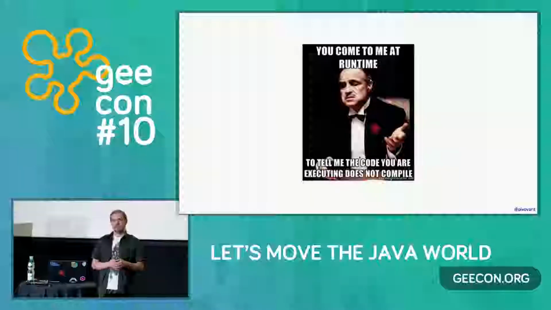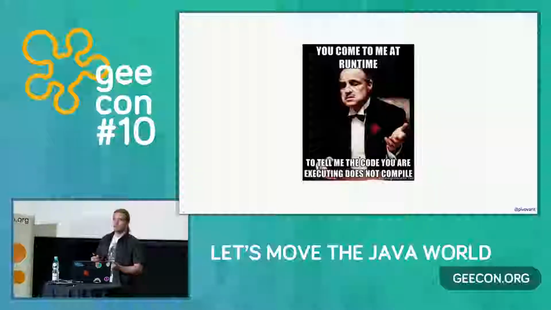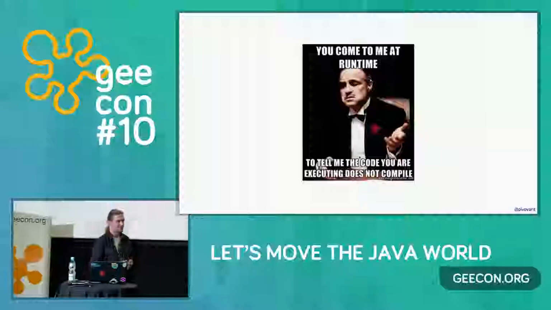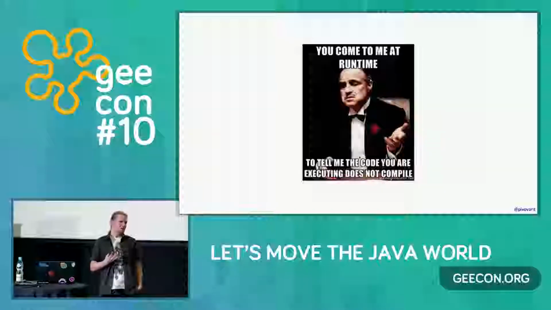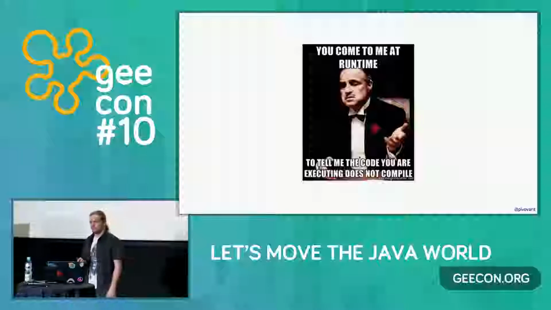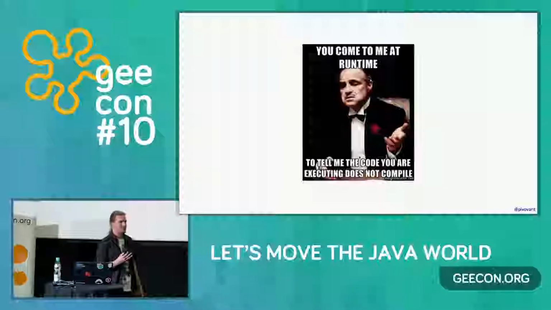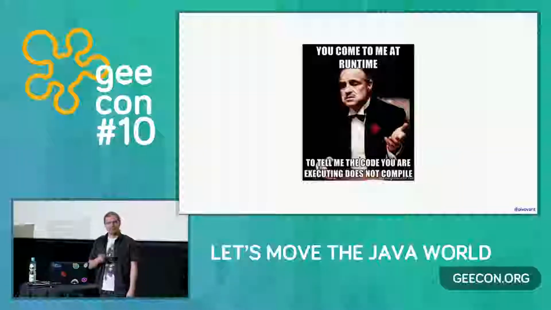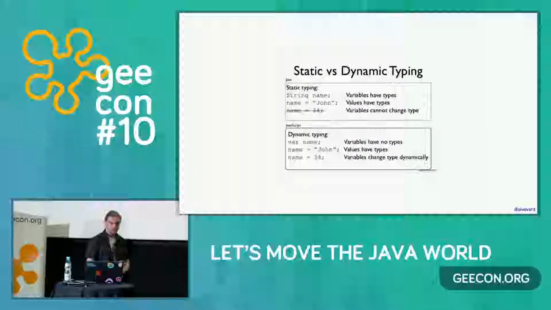So first, before we jump into the actual content, let's revise our knowledge about statically and dynamically typed languages. We are here at a Java conference, so I think I don't need to convince you that much to use static typing. But let's recall why this is actually very beneficial for us.